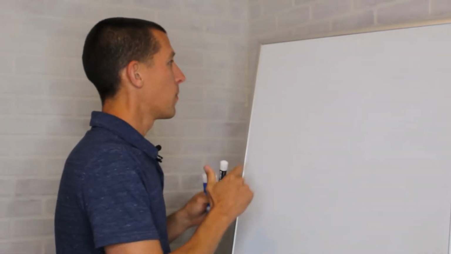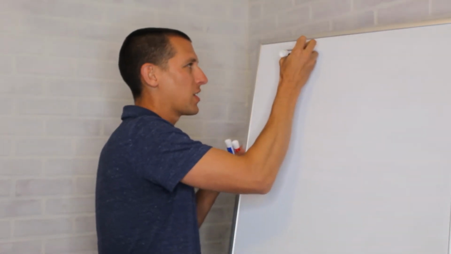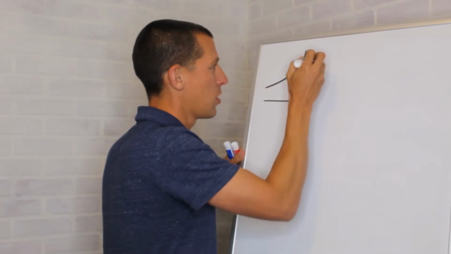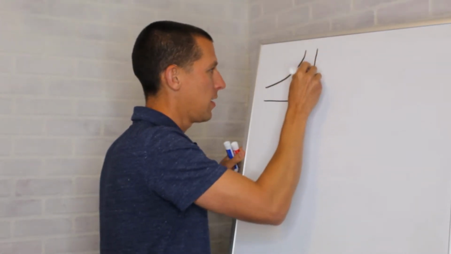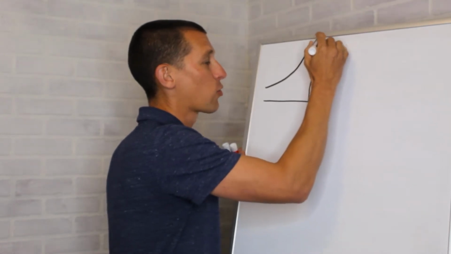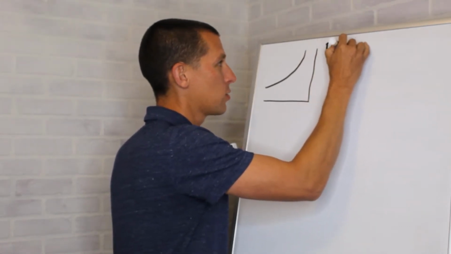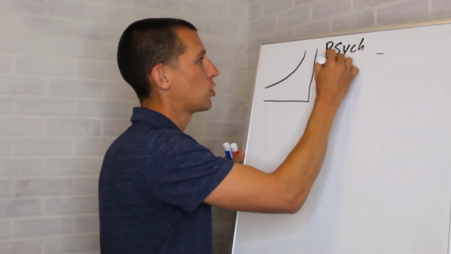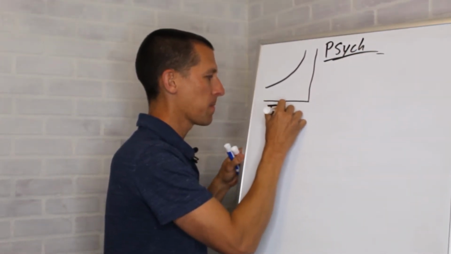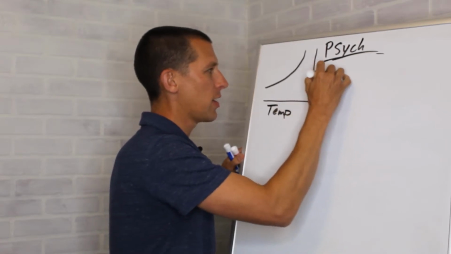All right. So first off, let's talk about a Psych chart, because a Psych chart is a huge part of the HVAC industry, and it's called that because it's a psychrometric chart, Psych for short. Down here you have temp, and here you have moisture.